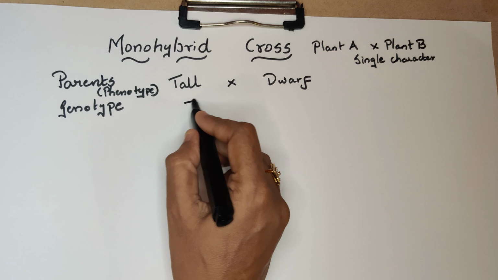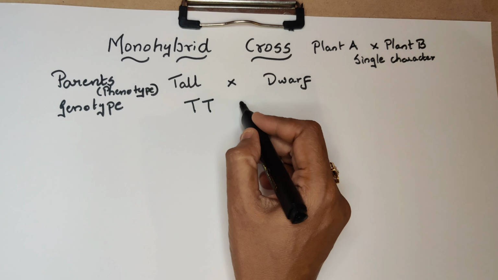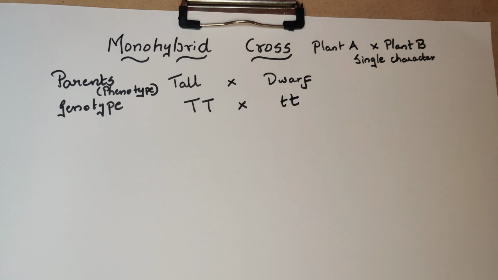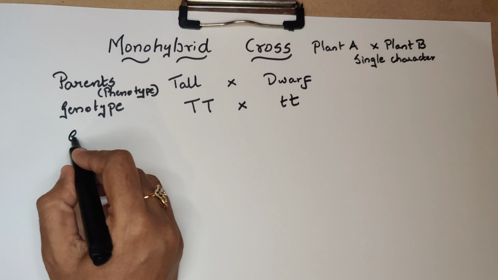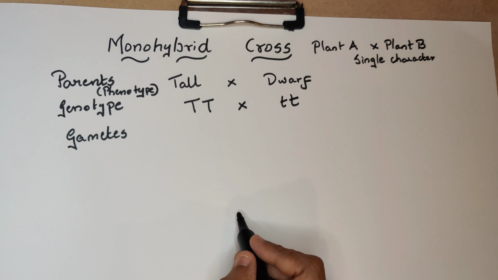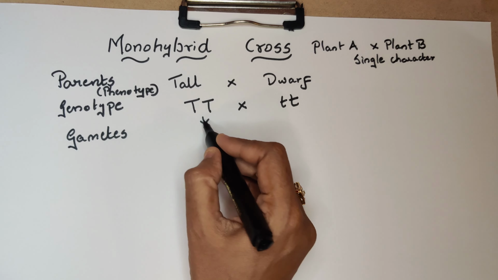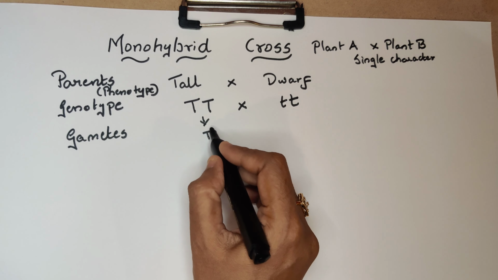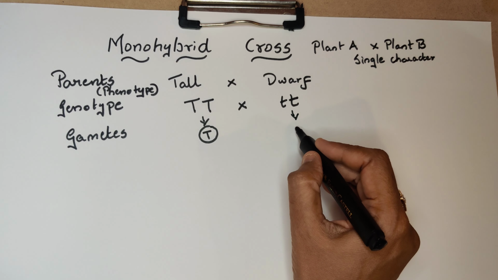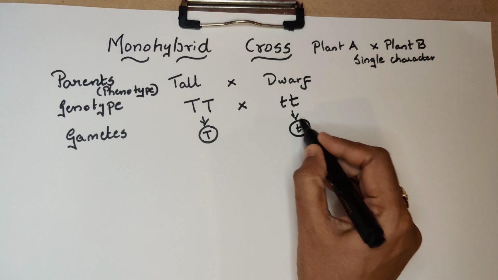The genotype will be, they are homozygous for that condition, so I am taking capital T capital T, crossing it with small t small t. The next step will be gametes. When you work out the gametes, there is only one possible gamete here, capital T, and here only one possible gamete, small t.